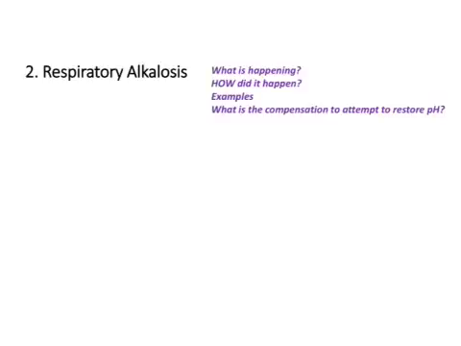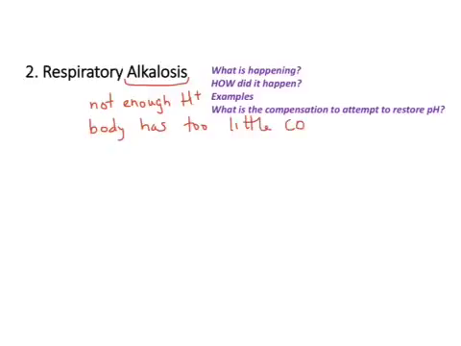Now, if we take the same approach, hopefully then this becomes easier to sort of attack and assess. Alkalosis says that we have not enough hydrogen ions. That means the body has too little CO2.